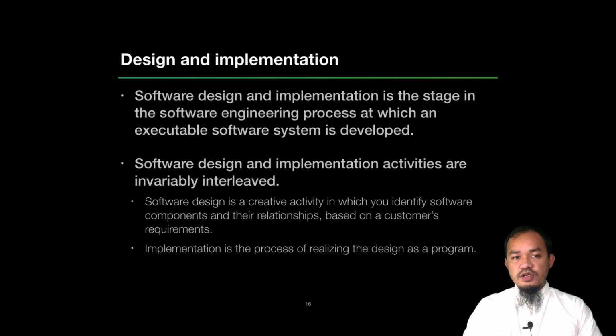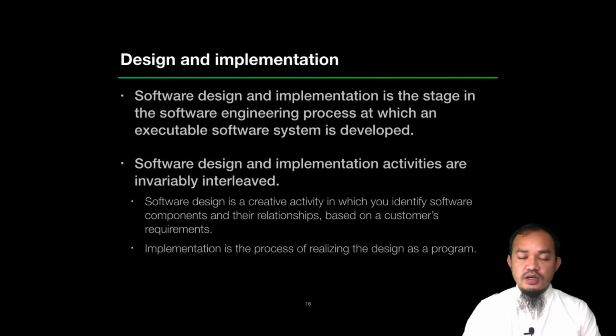Software design and implementation is the process in software engineering at which an executable software is developed. If we consider a small scale of software development, we can combine these things together.